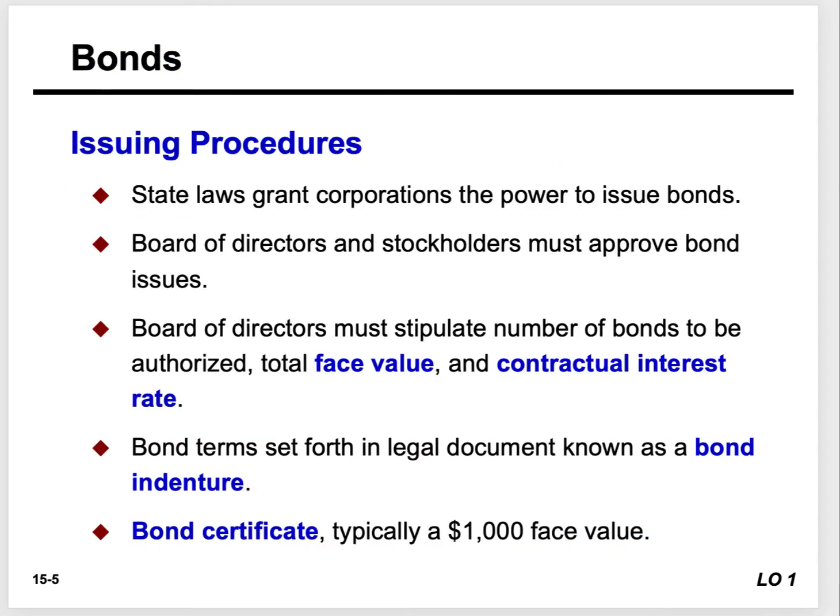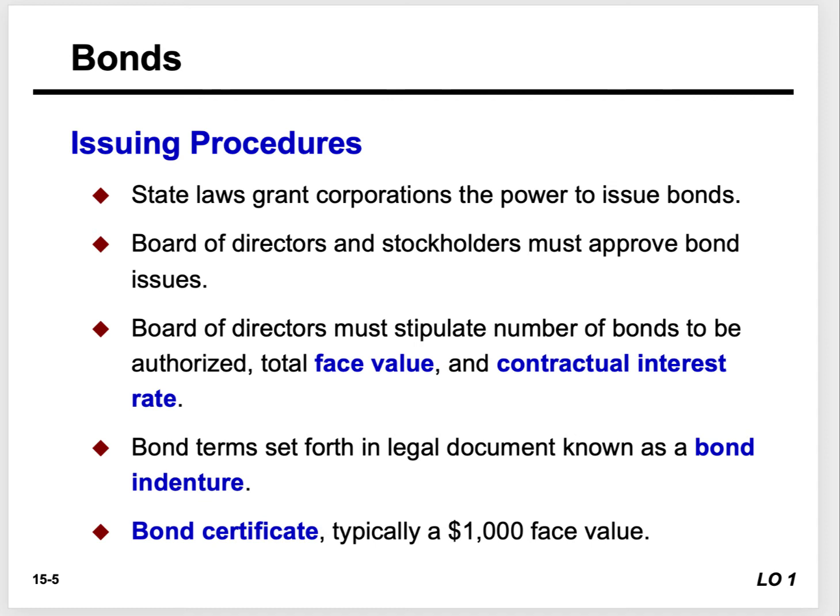So what's the issuing process? If I am a corporation and I want to issue bonds, what needs to happen? Well, first, state laws need to grant the corporation the power to issue bonds, okay? So that's key. In order for me to issue bonds, I need to go to my state law, or I need to register with the state government and say, I want to issue bonds.